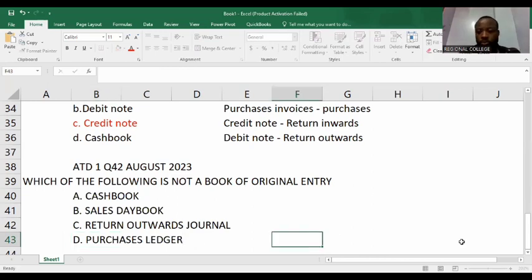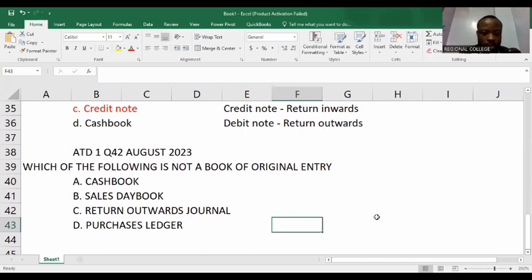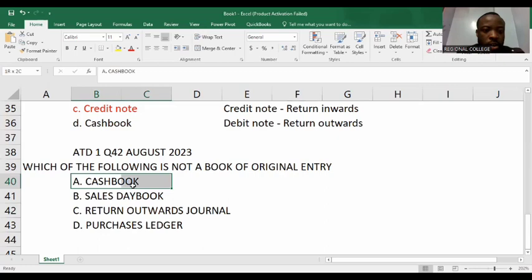Purchases ledger. So remember, original entry means you record the journal entries for the first time into the business. That means the transaction should not be transferred from a transaction which was recorded earlier. So if you see my cash book, a cash book can record a transaction for the first time based on the cheque that you are receiving.